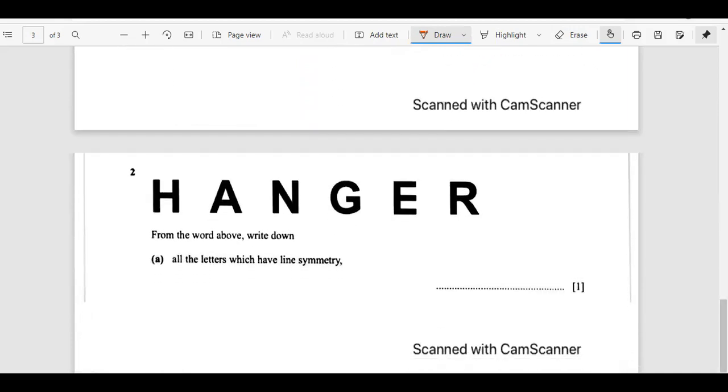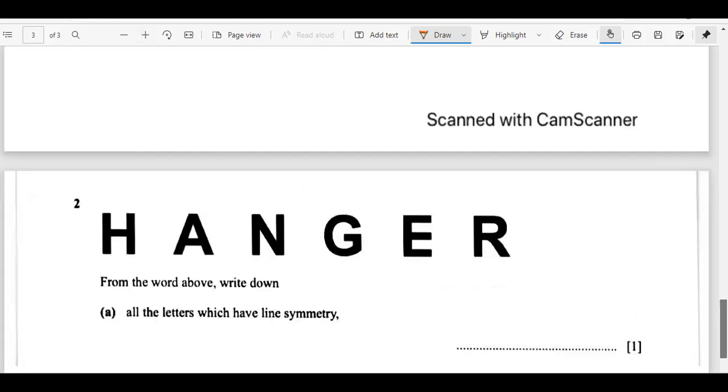Right. And this is the last question. It says, from the word above, write down all the letters which have a line of symmetry. So which letters have a line of symmetry? We discussed this when we were talking about this chapter in the last class.